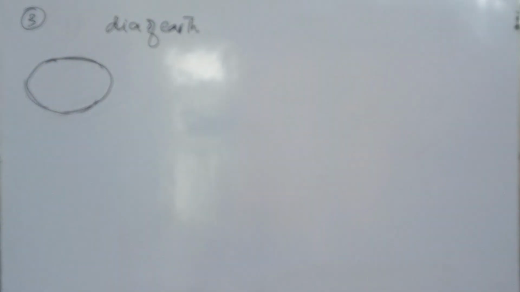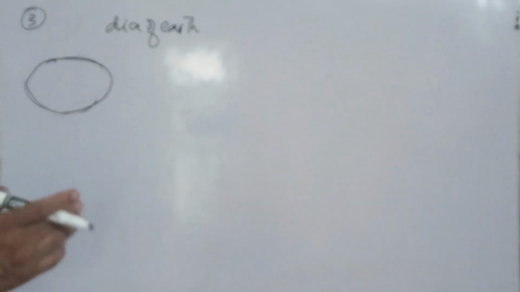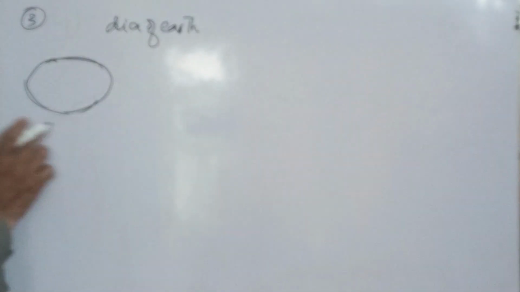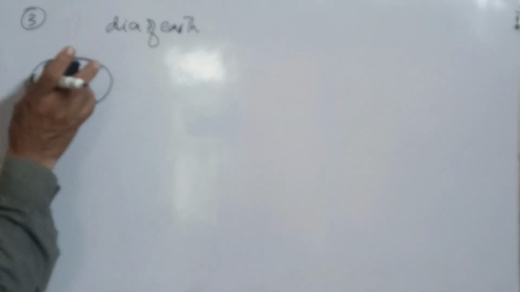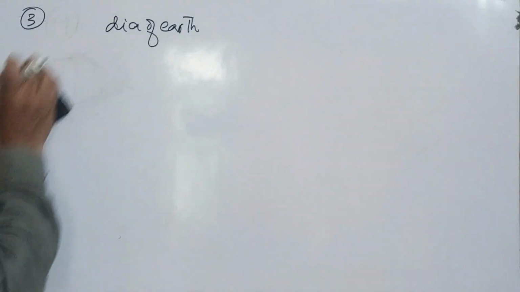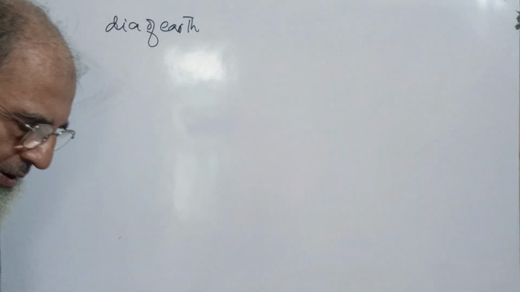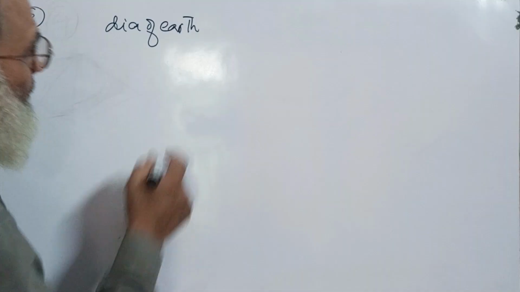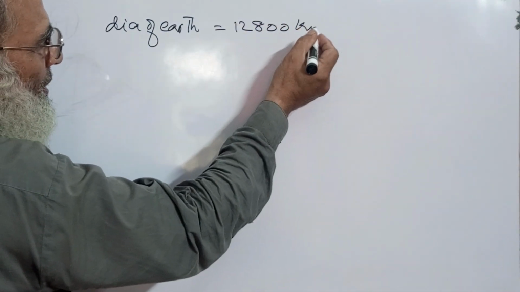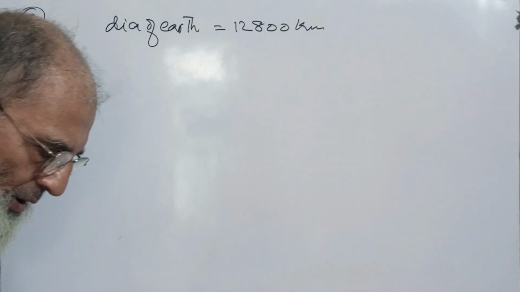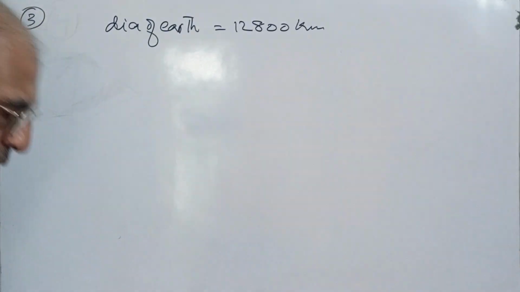So it has been elongated from the sides, so it is elliptical in shape. But even then we say that it is a sphere, and the approximate diameter is 12,800 kilometers.